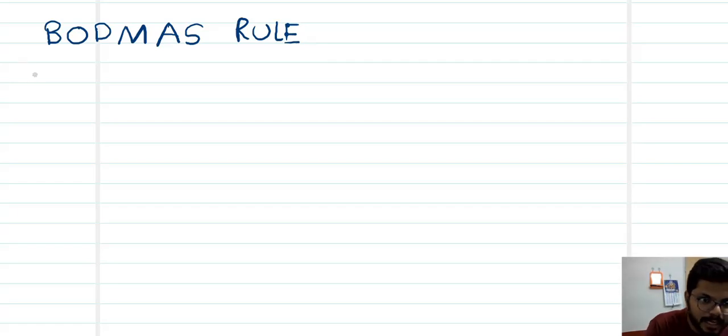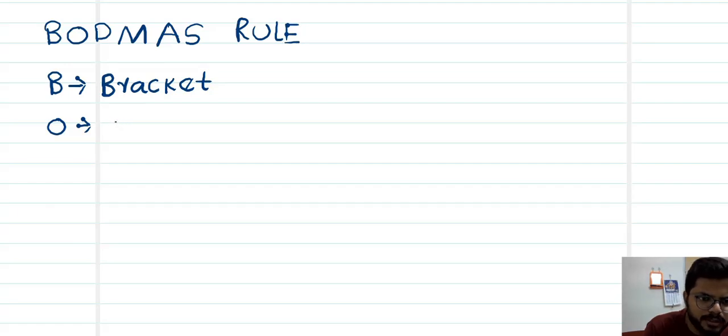So here we will expand it carefully. Here B stands for bracket. O stands for order of powers.